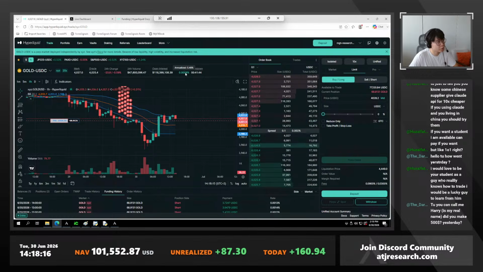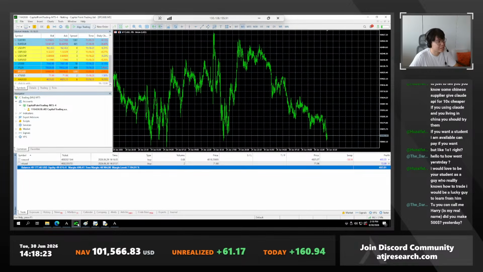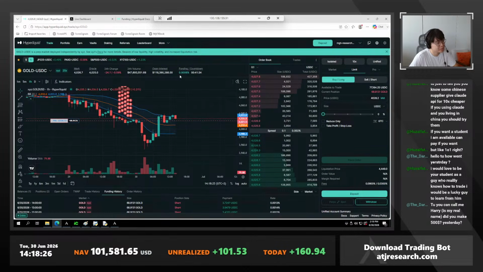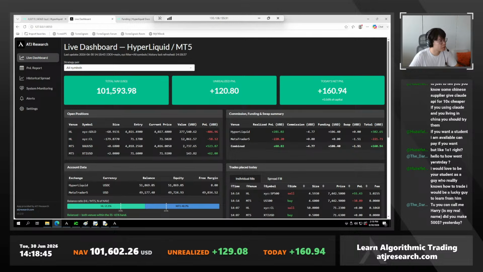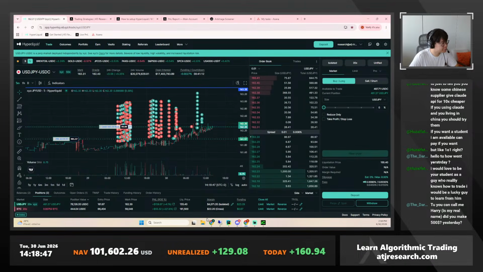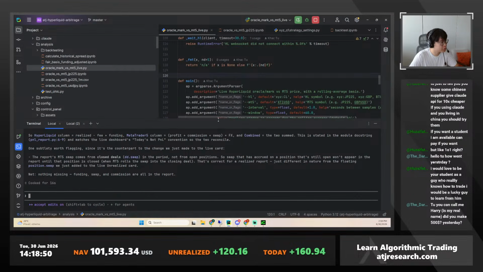In theory, I could hold it till the rest of the day, because on MT5 the swap is charged at 11 p.m. If I hold this till end of day before the swap charge on MT5, I could make, let's say, $3 to $4 every hour, which is also not bad. So what do we do? We can close gold. Let's see if my prompt to fix the issue is done.